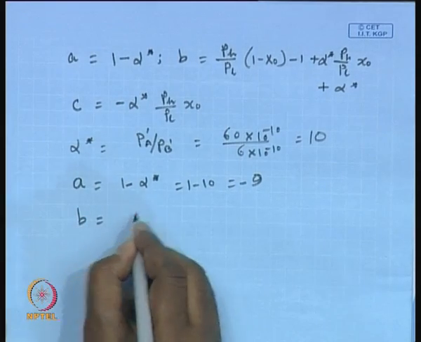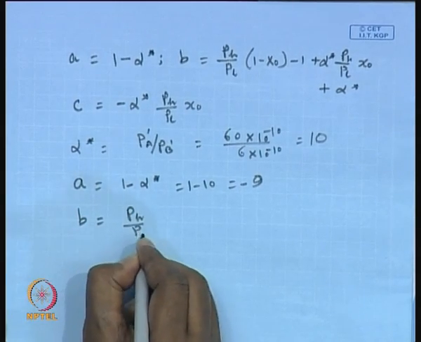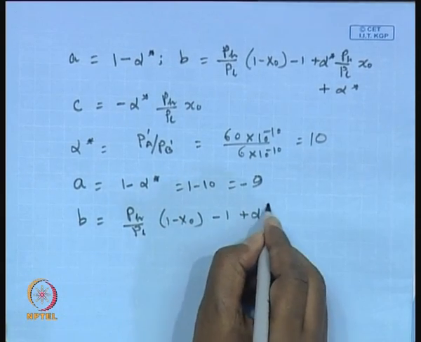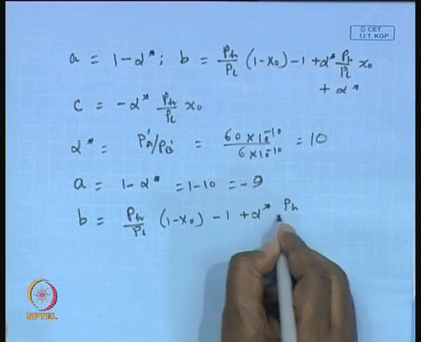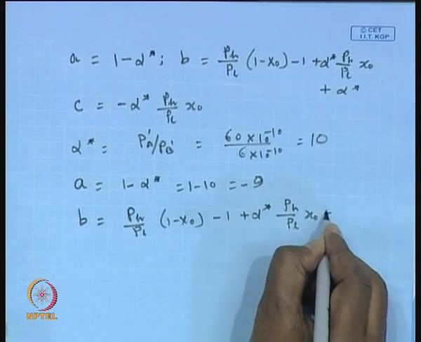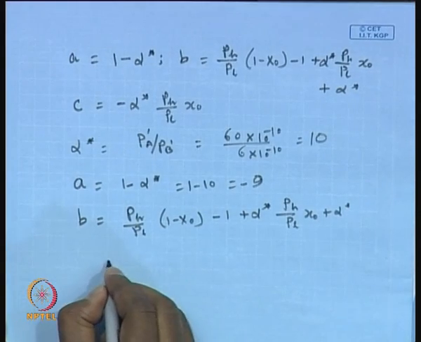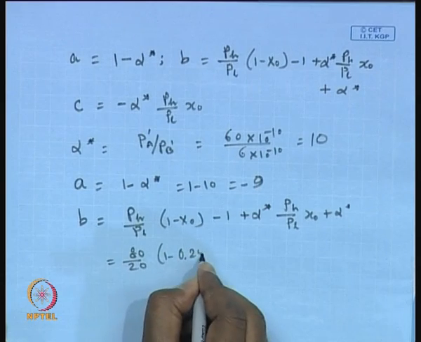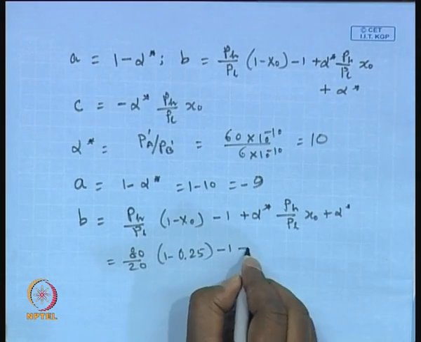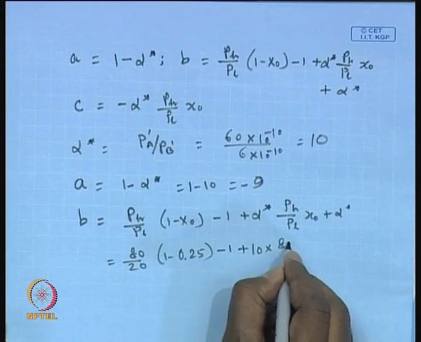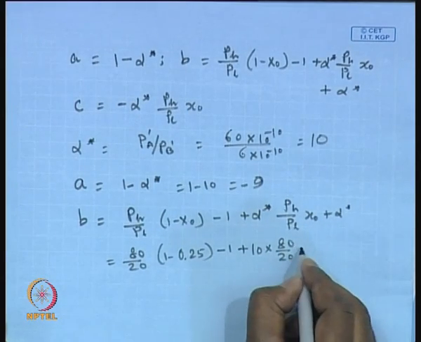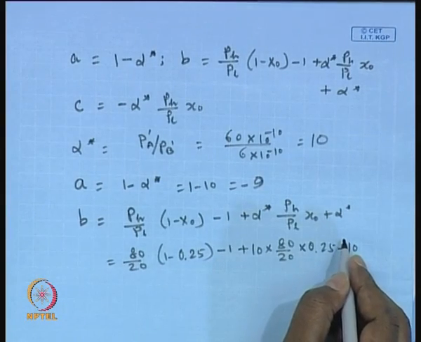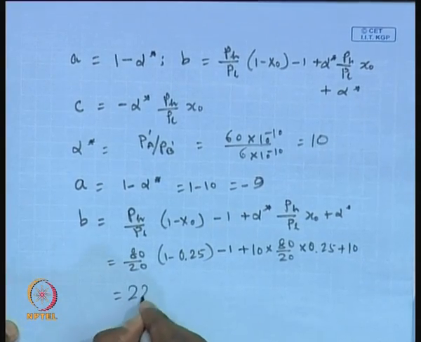B is pH over PL times 1 minus x naught minus 1 plus alpha star, pH by PL times x naught plus alpha star. So, this will be 80 divided by 20 into 1 minus 0.25 minus 1 plus 10 into 80 divided by 20 into 0.25 plus 10, and if you calculate this value, it turns out to be 22.